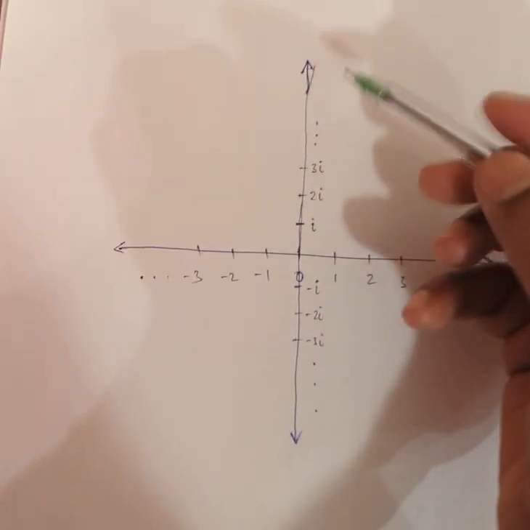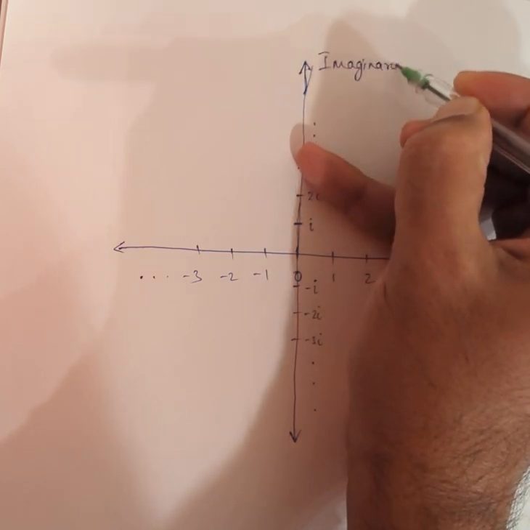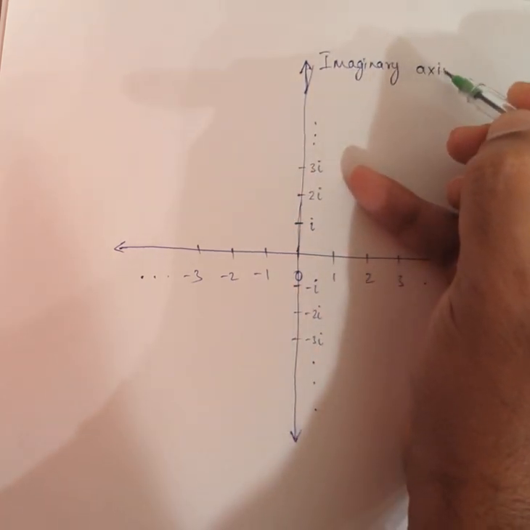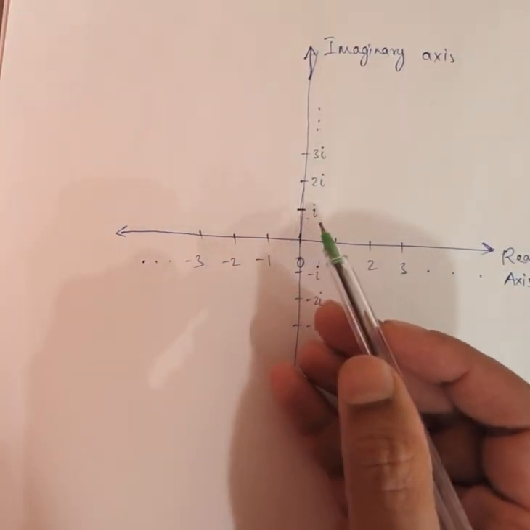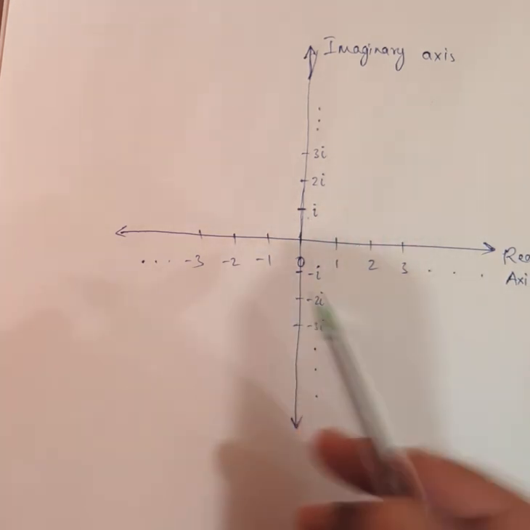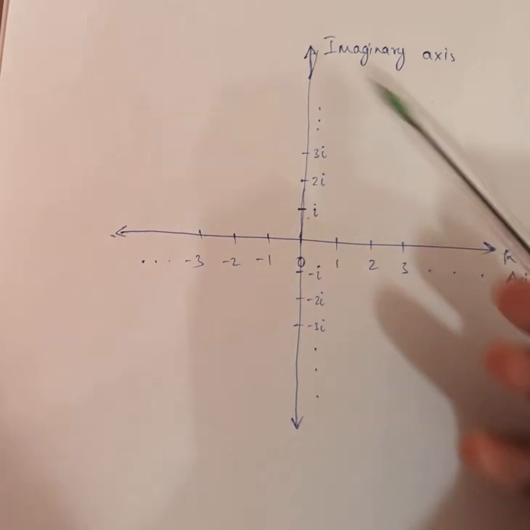So this axis is called the imaginary axis. So all of a sudden, when we introduce that i, then our numbers have gone from being one-dimensional to two-dimensional.